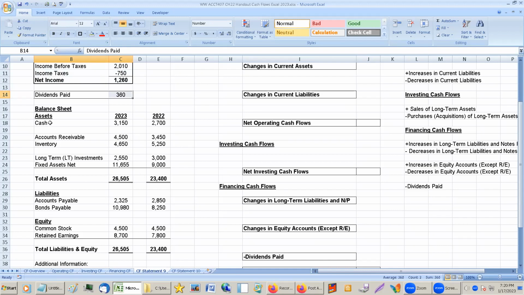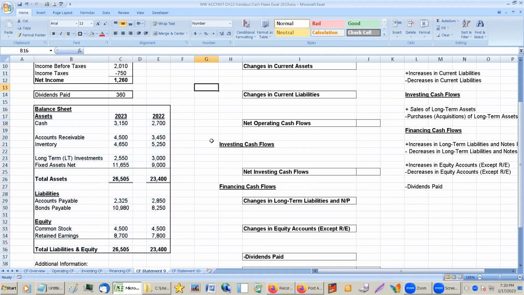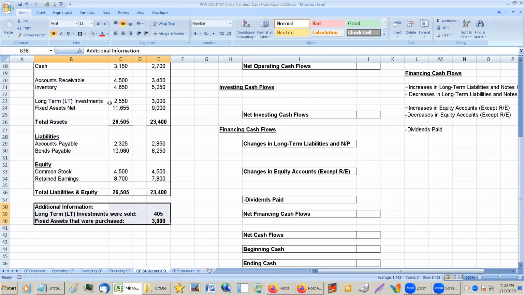This is our balance sheet down here. And we're going to use this to, oh, here's additional information. We need that. Okay.